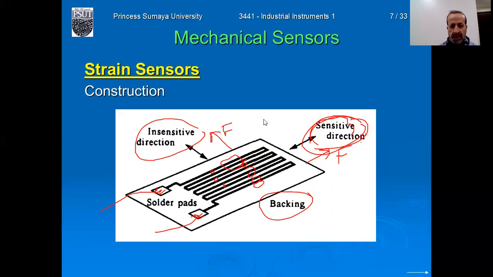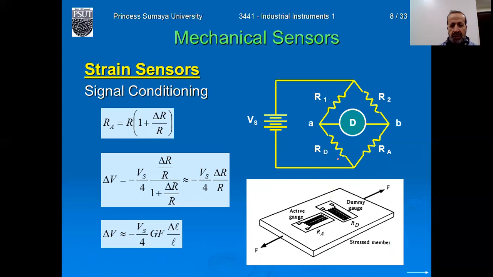Okay, this is the Wheatstone bridge here. This is the signal conditioning. In this case, for example, we put two strain gauges here, one in the sensitive direction and the other in the insensitive direction. It is called dummy. So this one is the active strain gauge and this one is the dummy strain gauge.